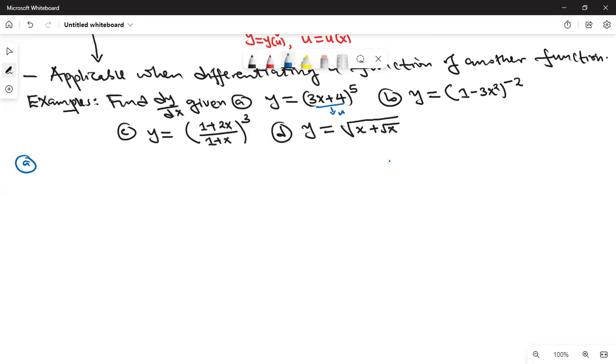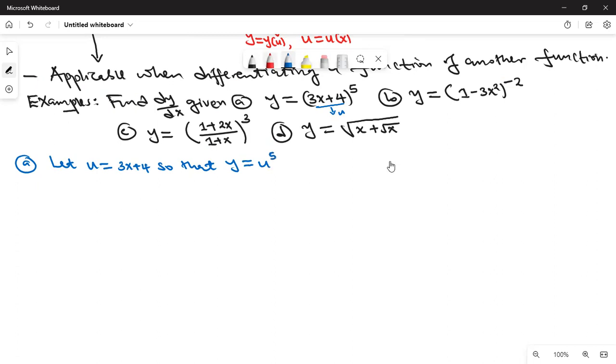This is u. So you say let u equal 3x plus 4, so that our y will now be equal to u raised to 5.